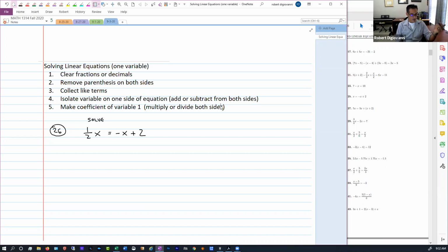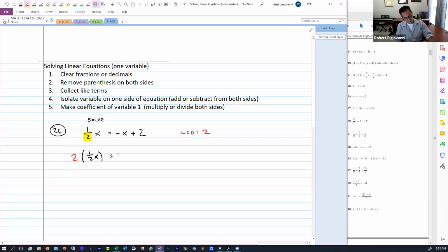Let's try and clear them. So what we have to look at is all of the denominators, and we only have one. The only denominator we have is 2. So that means our LCD, our least common denominator, is going to be 2. And so what we're going to do is multiply both sides of the equation by 2. So I multiply the left side of the equation by 2.